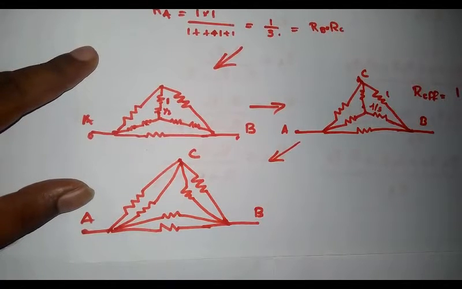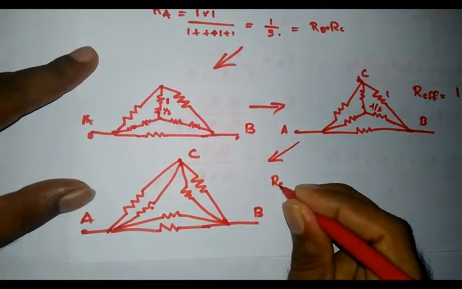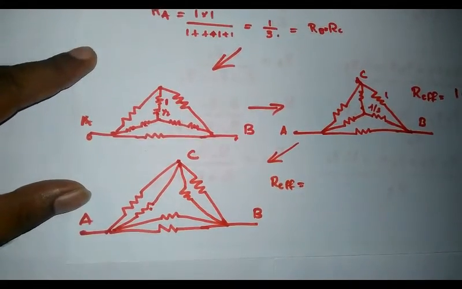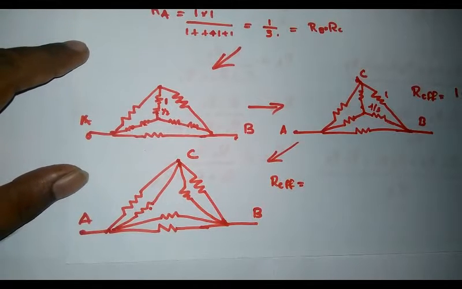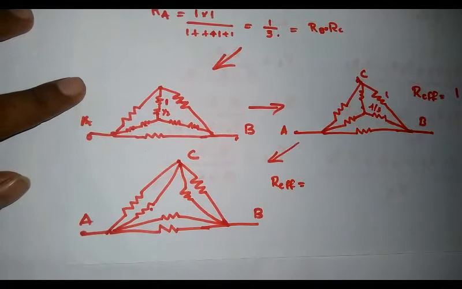In order to find the effective resistance, we use the star to delta conversion equations. R effective is equal to RARB plus RBRC plus RCRA, the whole divided by the resistance opposite to the corresponding delta arm.